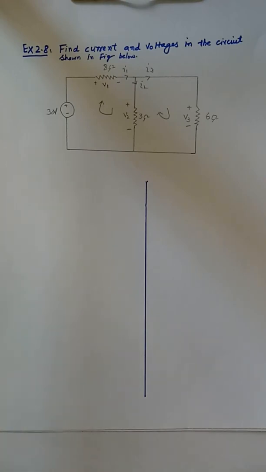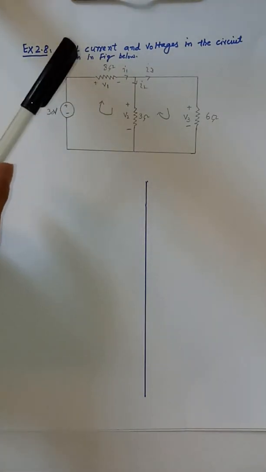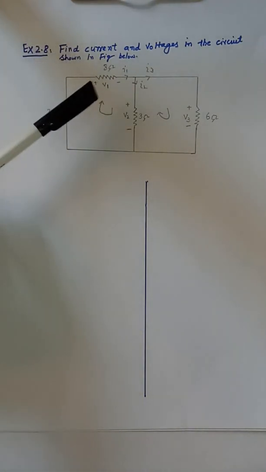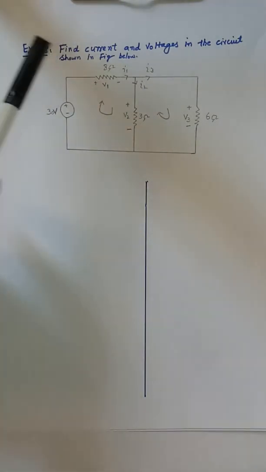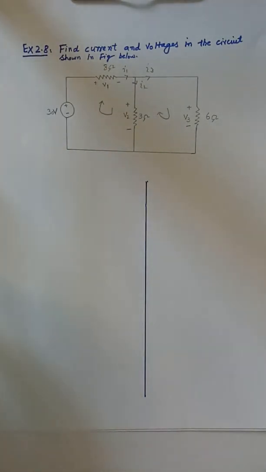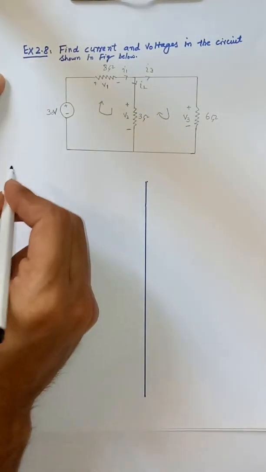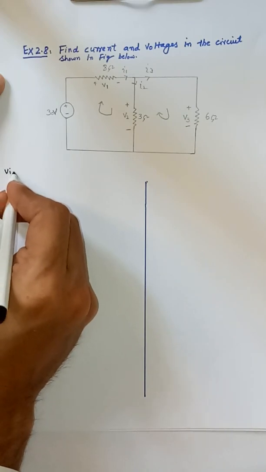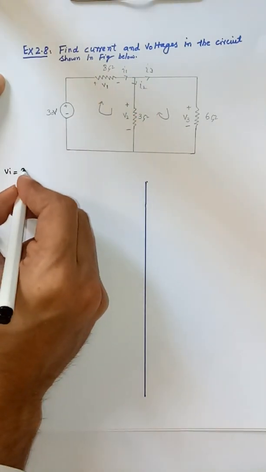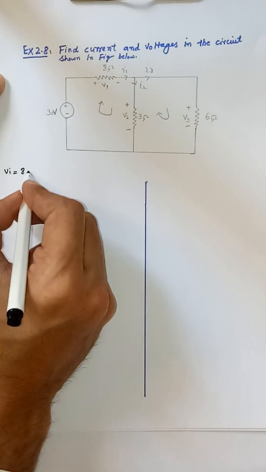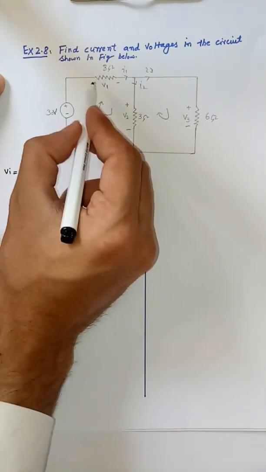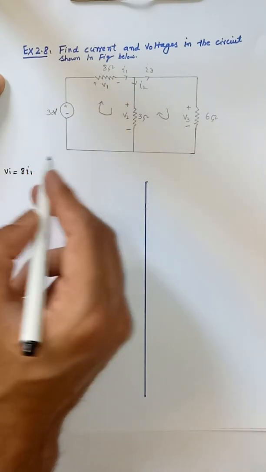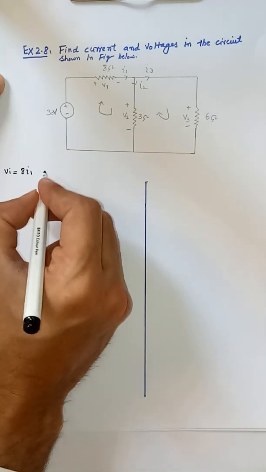As we know, we have three voltages. We are going to find three voltages, that is V1, V2 and V3, and I1, I2 and I3. In the given circuit, V1 equals 8 I1, with a positive sign, so that's why positive 8 I1.